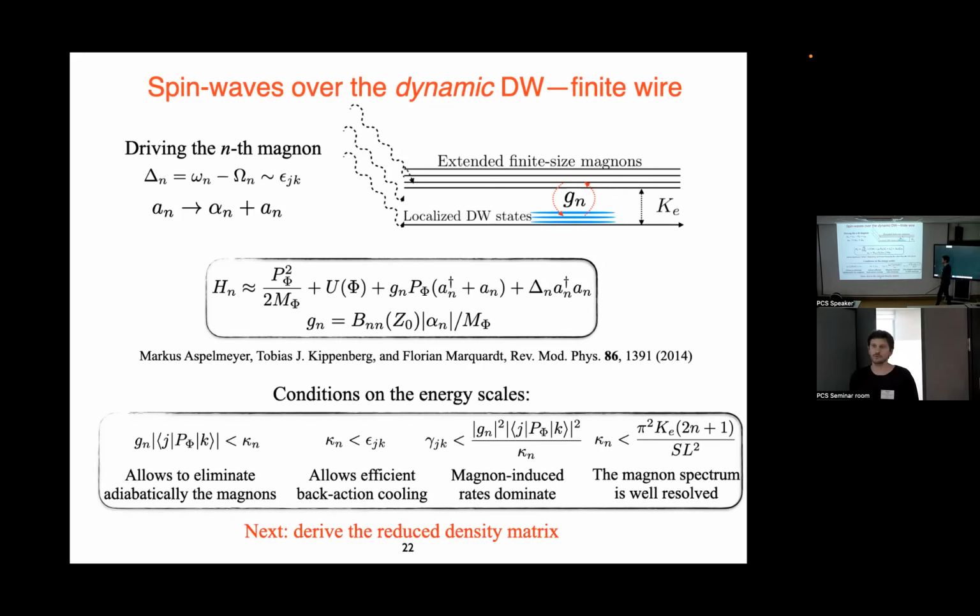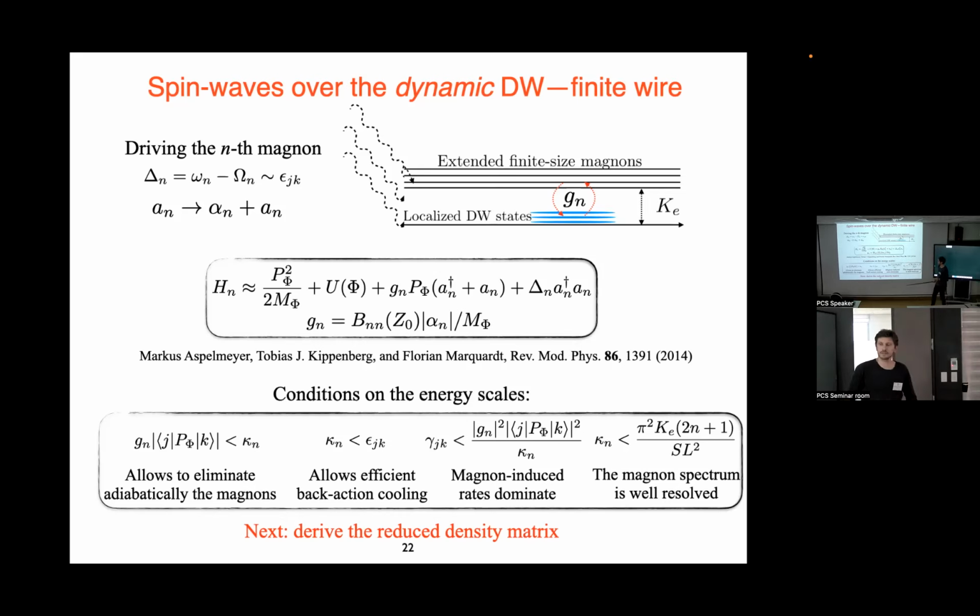And we also have to set up what we want to do. So you can do many things with this Hamiltonian, but for this talk, I will focus on some energy scales. So I need to assume some energy scales. First of all, I assume that kappa_n, the decay of the magnon, is much larger than the coupling strength G. So the magnon decays much faster than this, and that allows us to eliminate adiabatically the magnon.